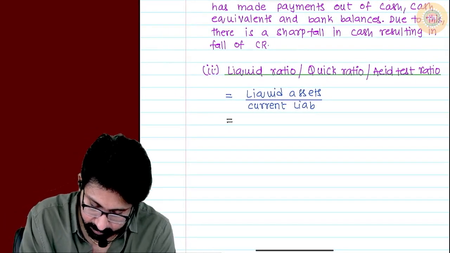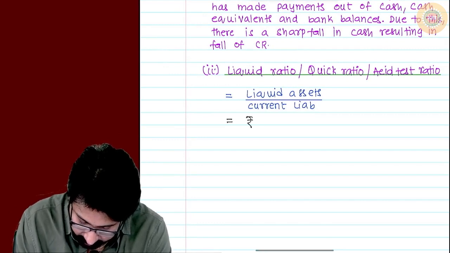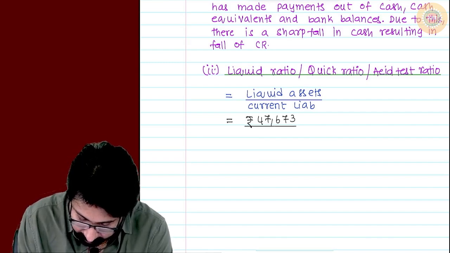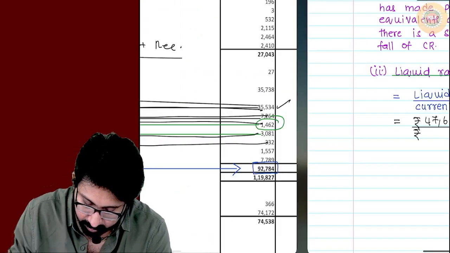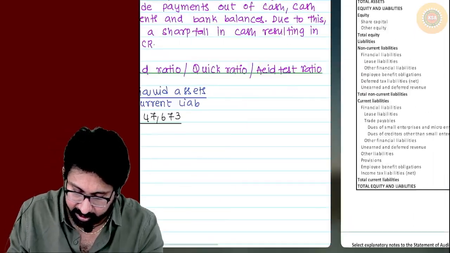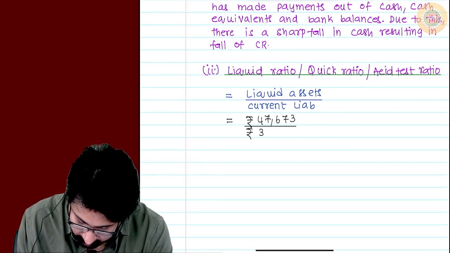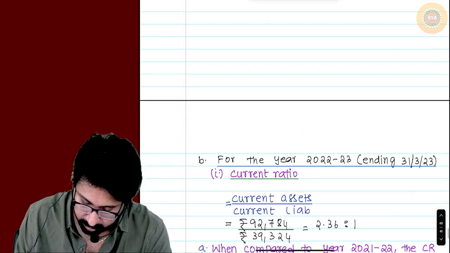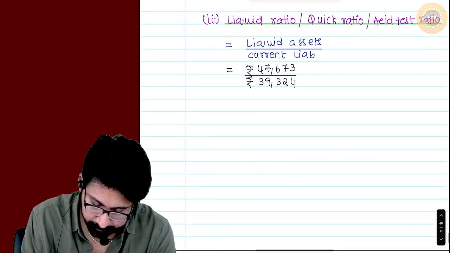The whole is 40,673, divided by the liabilities we have already taken, 39. Tell me the ratio.